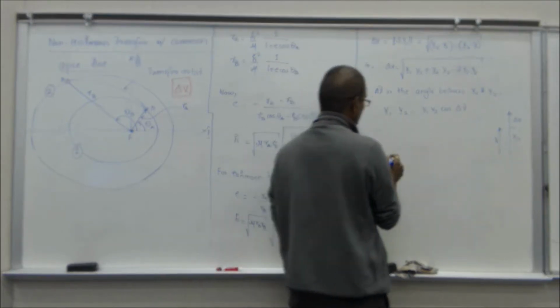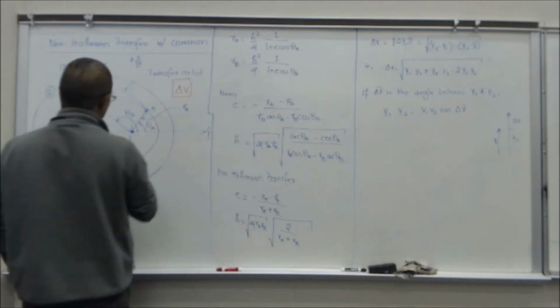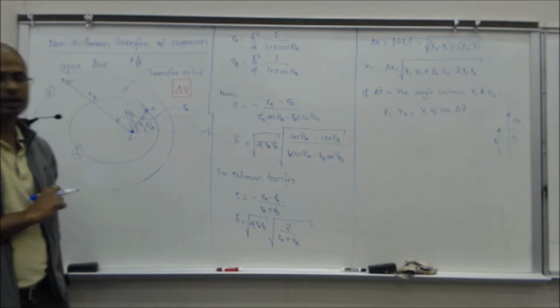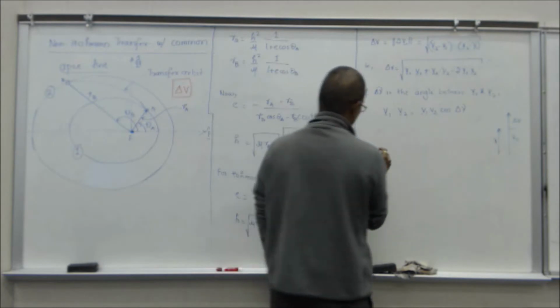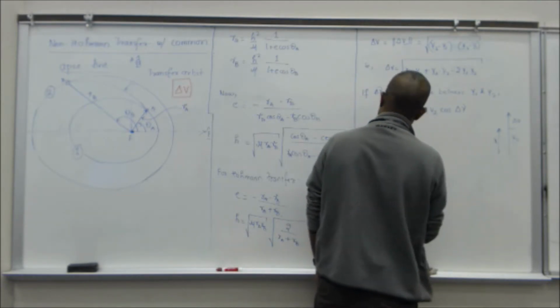But when you're talking about a transfer like this, you have to talk about it in terms of vectors, okay? So let's say this is a local horizon, all right?